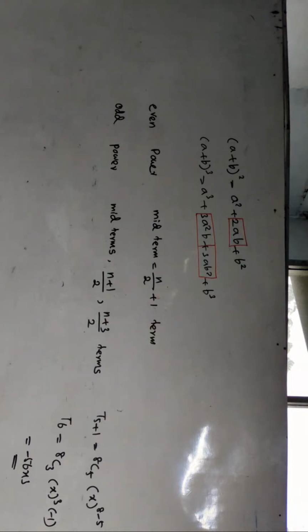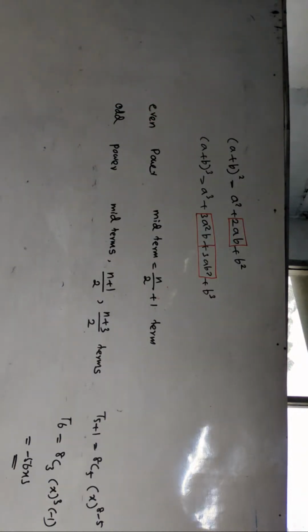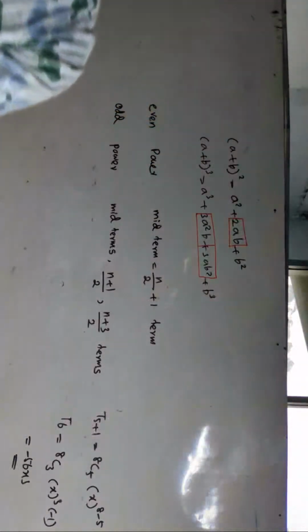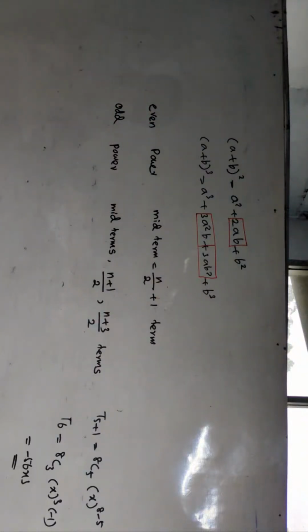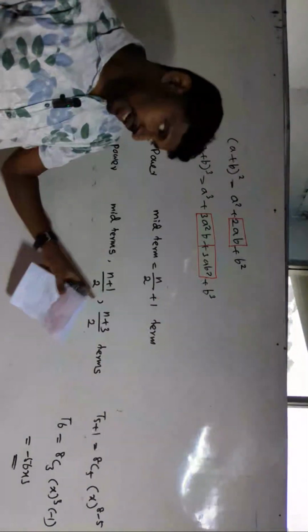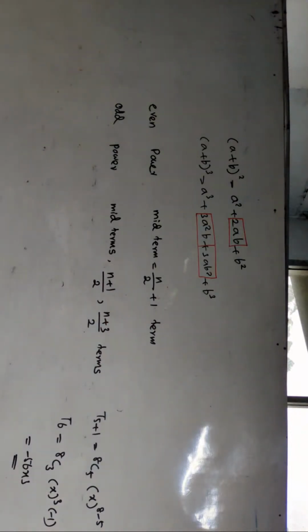In this case, we can find 2 midterms using n plus 1 over 2 and n plus 3 over 2.